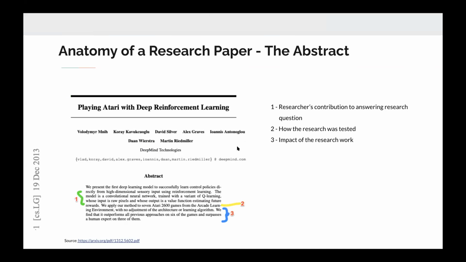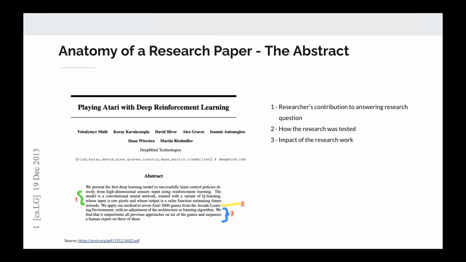In this case, they're saying that they're using CNN to train a variant of Q-learning, and they're trying to learn control policies from sensory inputs using RL. So they stated what they're trying to do, and what they've done, saying that they use CNN to train some variant of Q-learning.